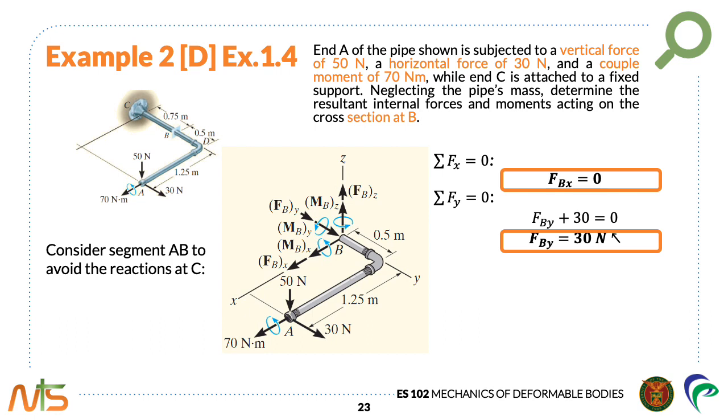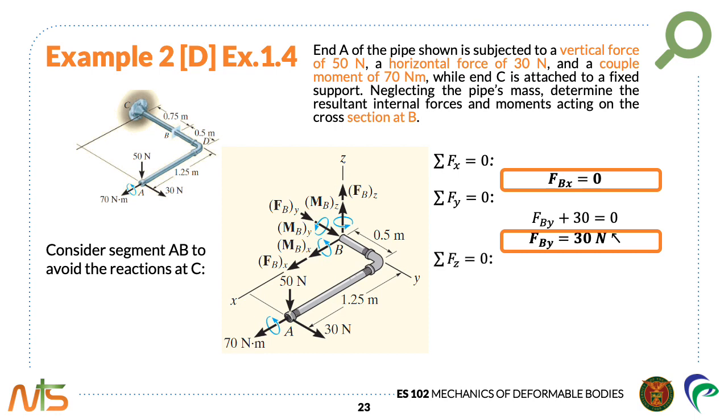We have Fby equal to negative 30 newtons. Since it is negative, the direction should be the negative y-axis, opposite to the positive y-axis.